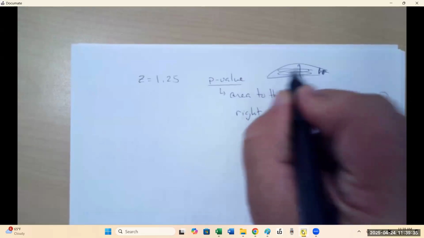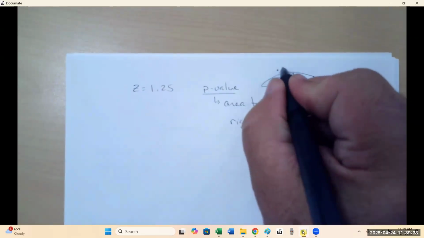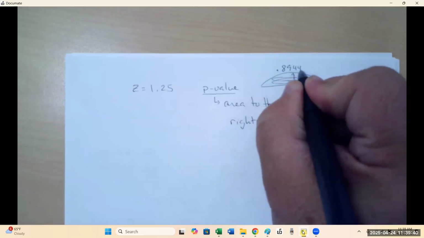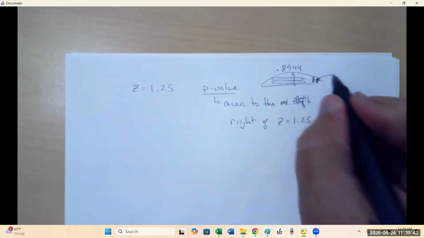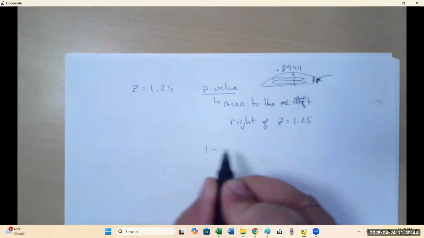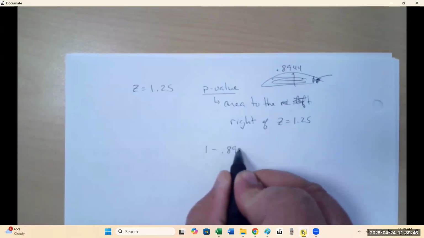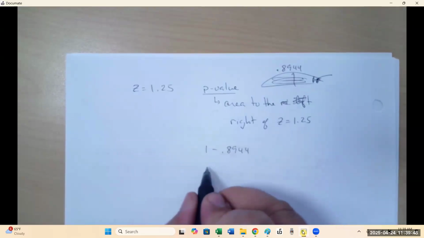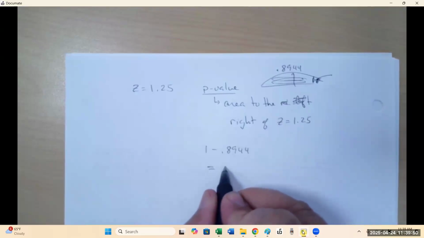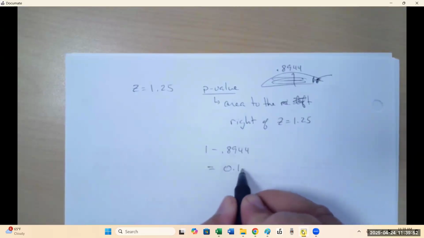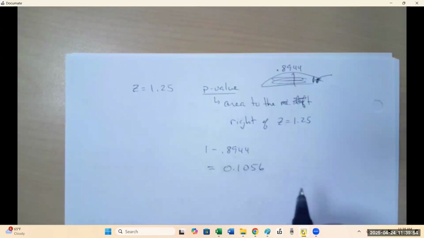So this whole area here is 0.8944. So this area is 1 minus 0.8944, which is 0.1056.